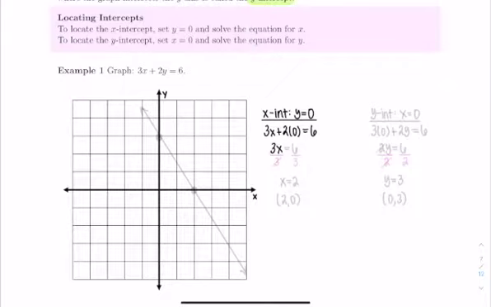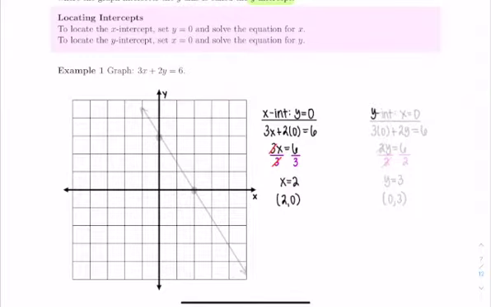So 3x is equal to 6. To undo our multiplication, we're going to divide both sides by 3. This cancels on the left, and we get that x is equal to 2. We already know what the y-coordinate is because we let it be 0 to find the x-intercept. So we have the point (2, 0).